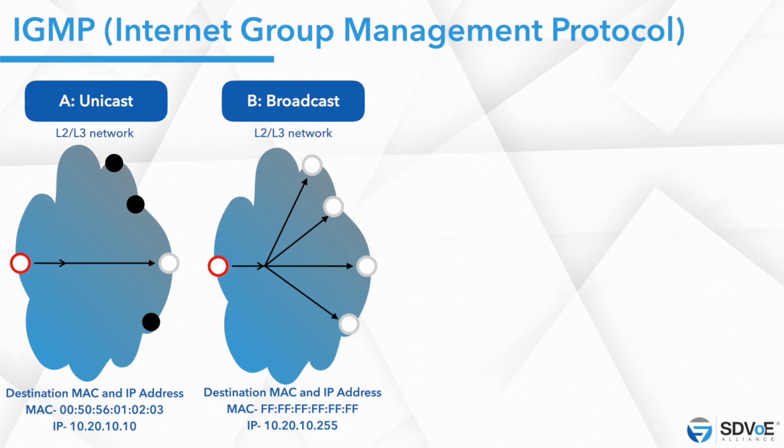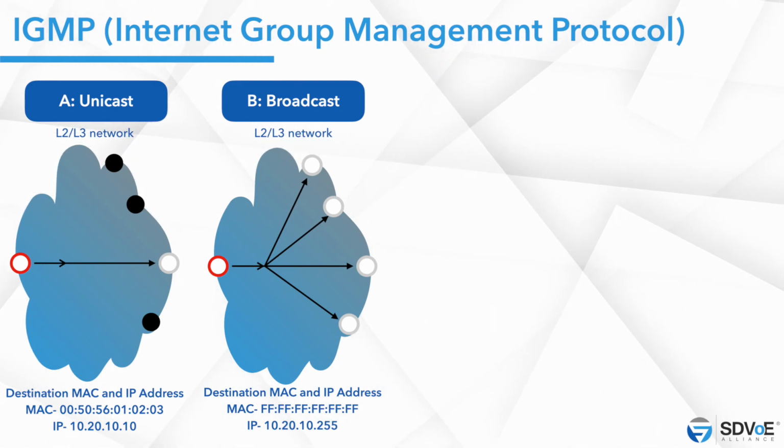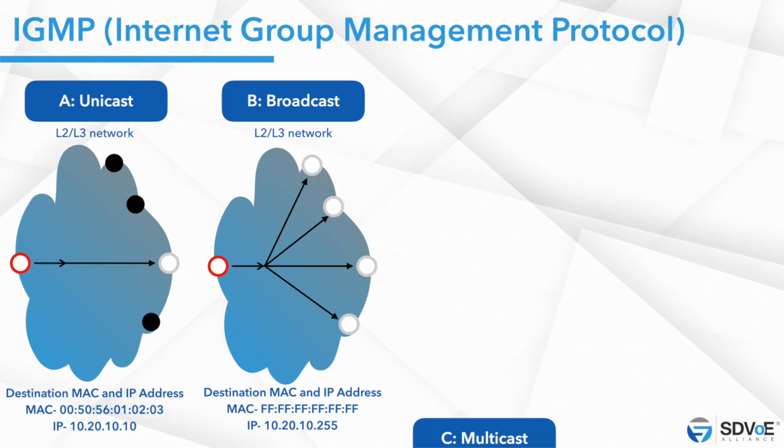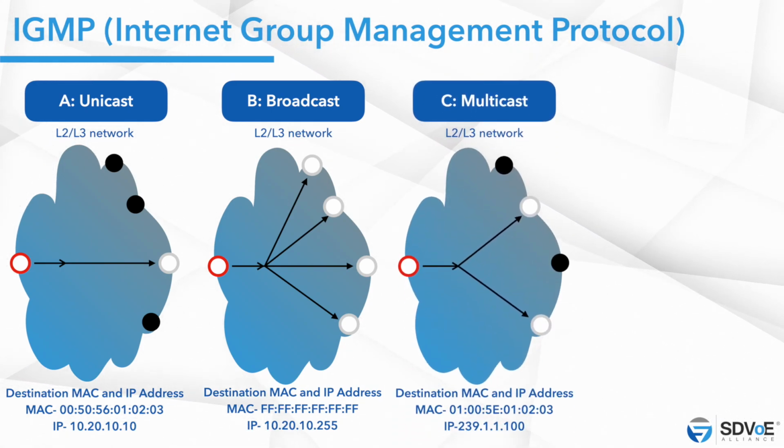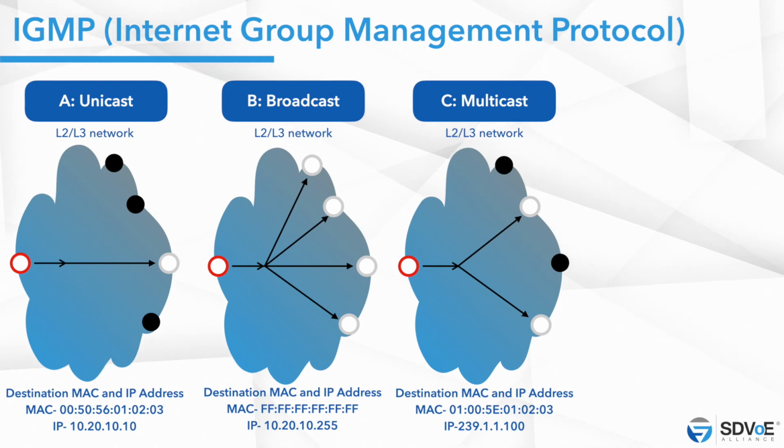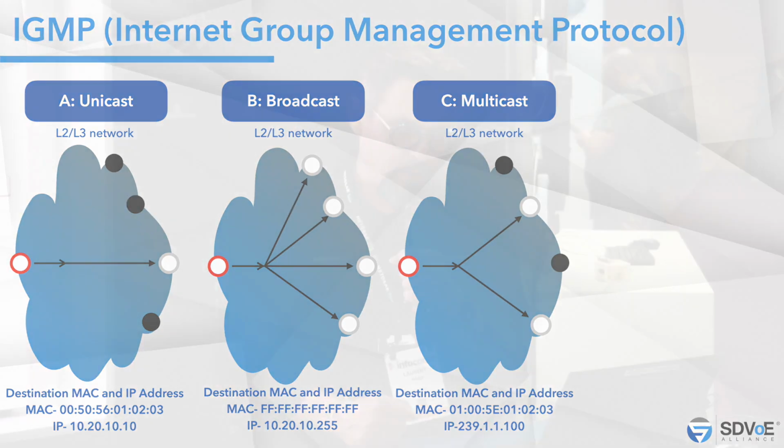Of course, this would be criminal for AV over IP video distribution. And then you have the multicast. Multicast is a beauty. This is a one-to-many distribution. So see, you have one sender, and you can have only a few recipients that will get that stream because they are interested in it, but the others won't.